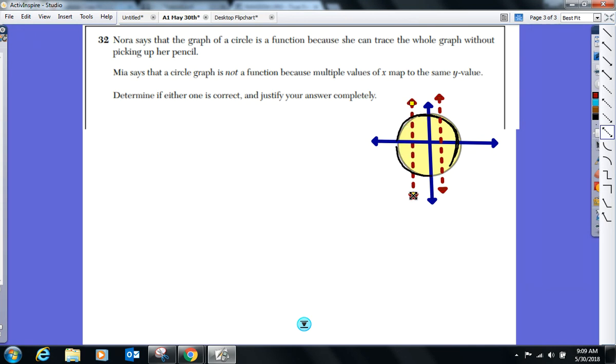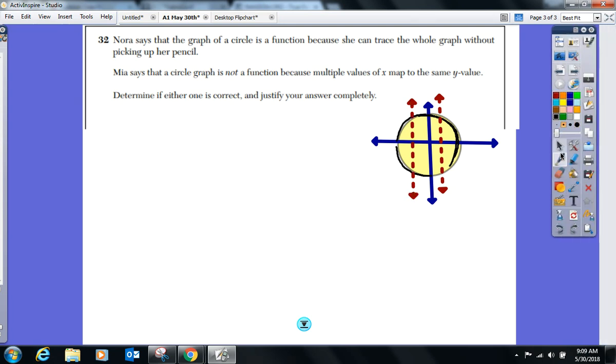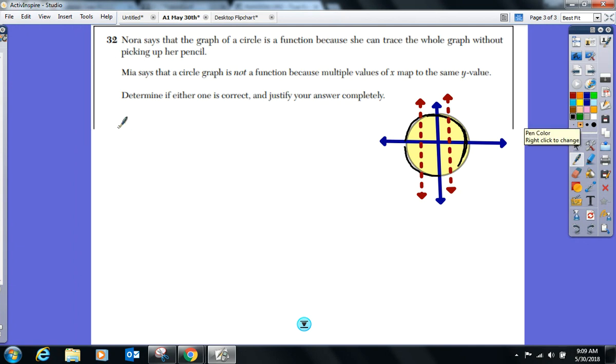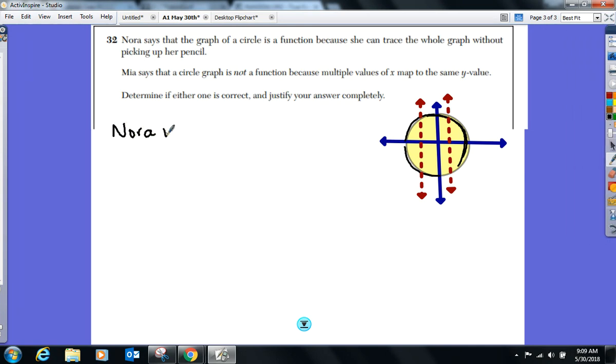Twice, correct? If it hits twice on the vertical line test, it is not a function. So Nora is incorrect. First of all, she's ridiculous with this my pencil never leaves the paper idea, but Nora is incorrect because it fails the vertical line test.